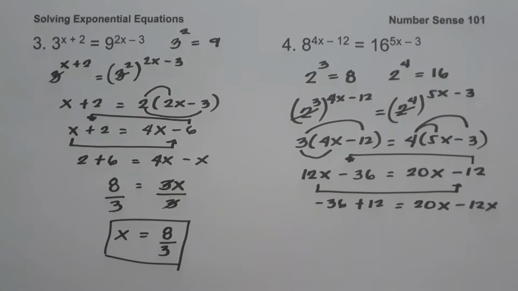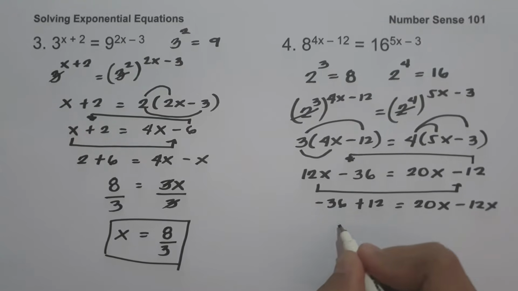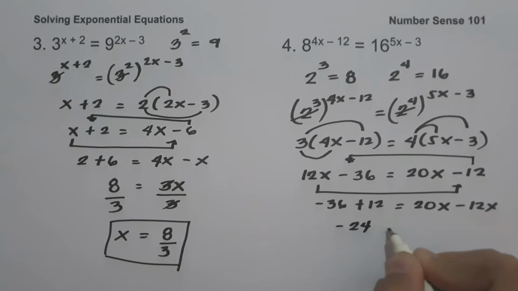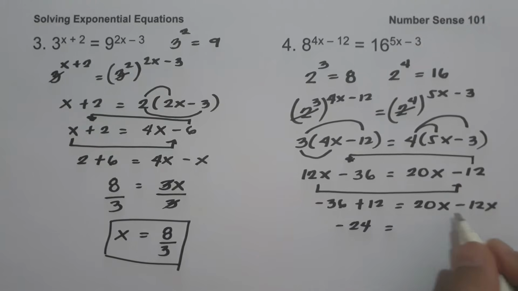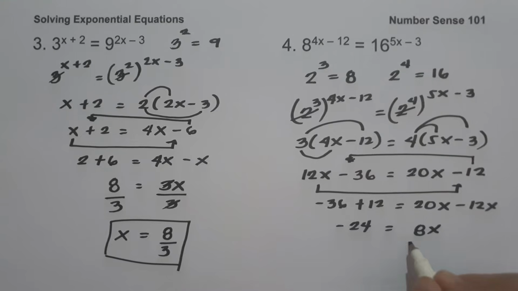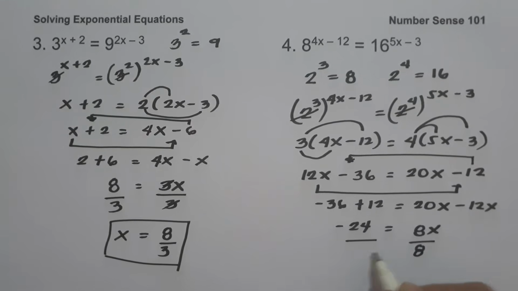Negative 36 plus 12, that is negative 24, equals 20x minus 12x, that is 8x. Let us divide both sides by 8. Let us cancel this one. So the value of x is negative 24 divided by 8, that is negative 3. And this will be our answer.